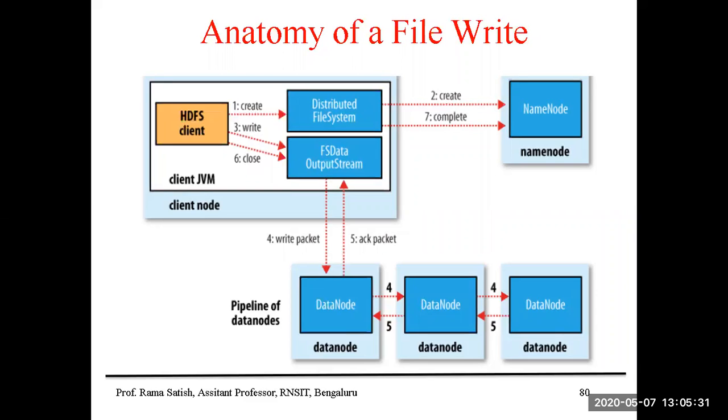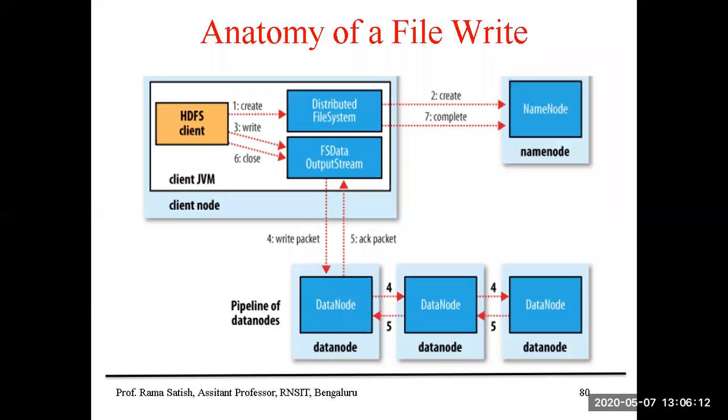So we call it the Hadoop client. The Hadoop client initially creates a distributed file system object, and this created object is notified to the name node. In turn, the name node will respond with where exactly the data nodes are and which data nodes are available for storage. The same information will be sent to the FS data output stream.